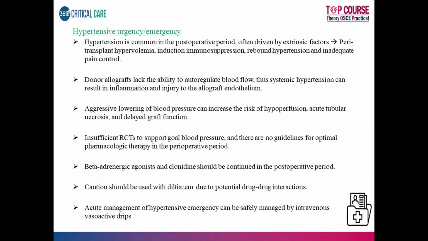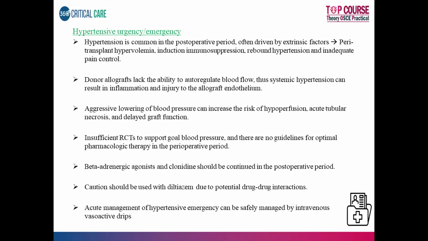Okay, so there are insufficient RCTs to support goal blood pressure, and also there are no guidelines for optimal pharmacological therapy in the perioperative period, that you have to give this drug only to reduce the BP. So that is not given anywhere. Okay, so suppose if the patient was on a beta adrenergic agonist or a clonidine preoperatively, you can continue this in the post-operative period also.